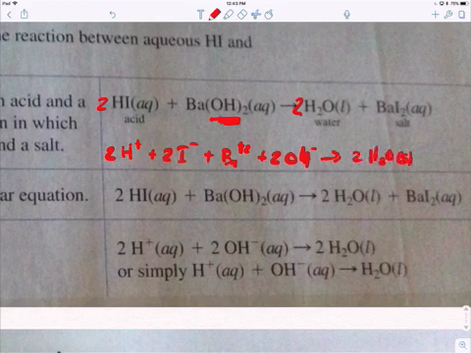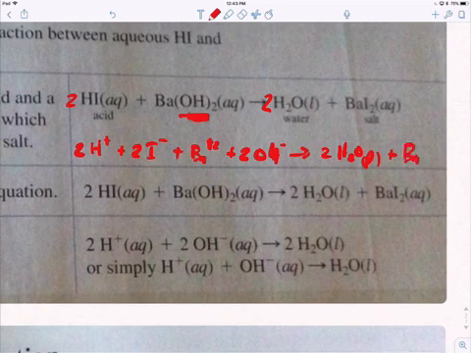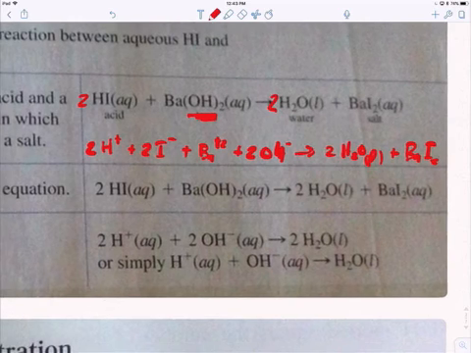I'll go ahead and put that, oh, that's not solid, it's a liquid. This is liquid water plus barium iodide, all aqueous.